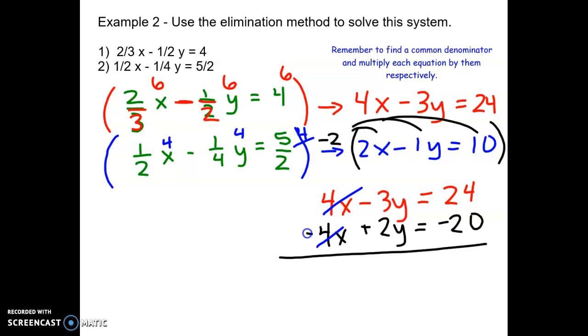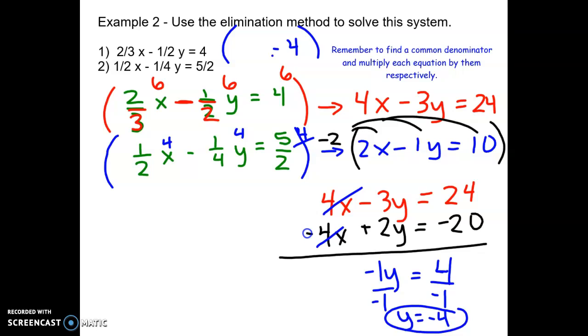We have a minus 3y then and a plus 2y. So when I add those together, I'm just going to get a minus 1y. And 24 minus 20 is going to be positive 4. Almost done, but you can't have a minus in front of the y, so we're going to divide that out. So we should get y equals negative 4 for our first answer.